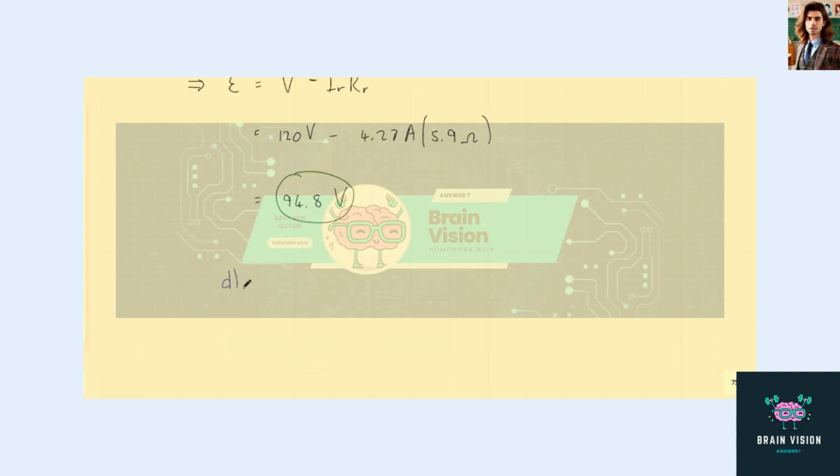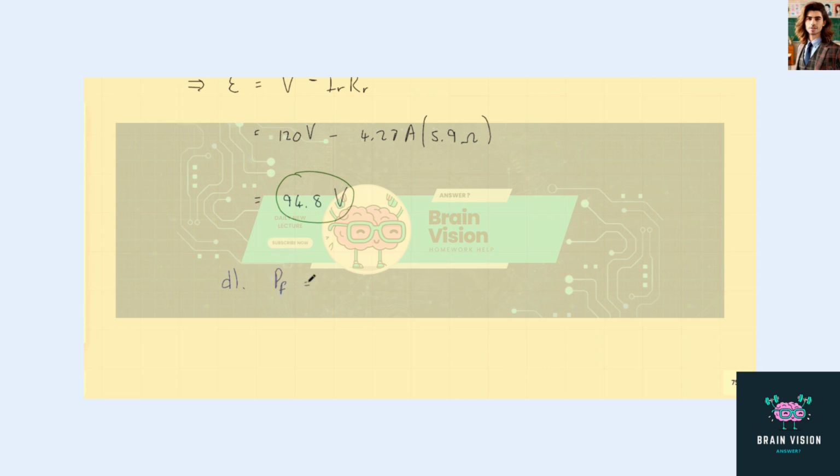Now, for part D, we are asked to calculate the rate of development of thermal energy in the field windings. So the rate of development of thermal energy is the power across the field windings.